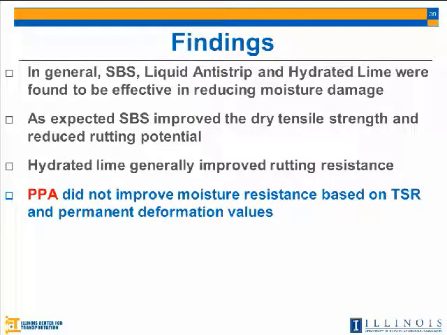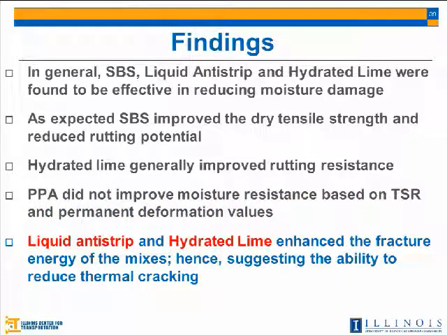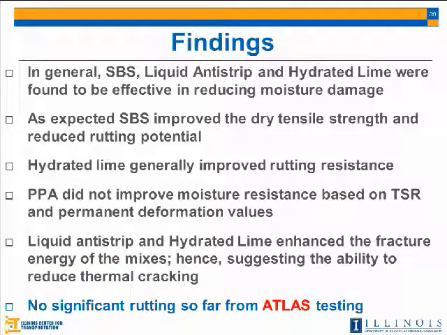PPA did not improve the moisture resistance when looking at the TSR values and also at the rutting values from the wheel track test. Liquid anti-strip and lime in general increased the fracture energy when compared to the control mix, showing the ability that those two can reduce thermal cracking when used in the field. And at the end, no significant rutting so far from the Atlas testing.